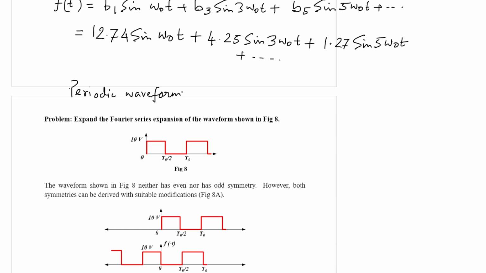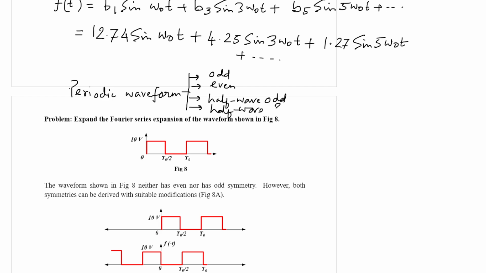Now we have already mentioned that periodic waveforms have 4 symmetries: odd, then even, then half wave, then half wave odd, then half wave even.